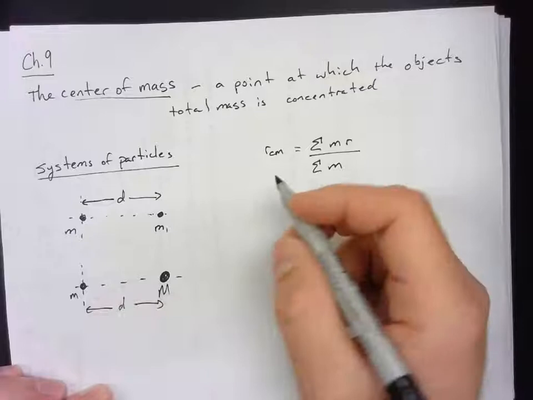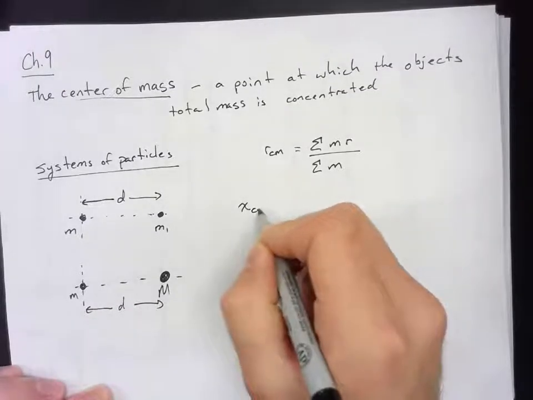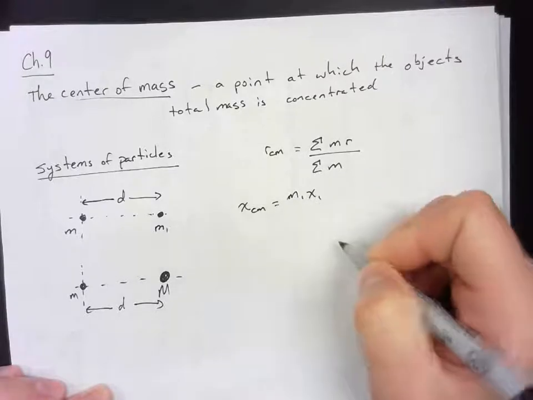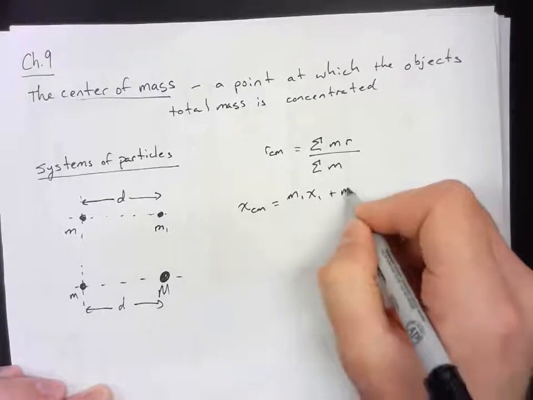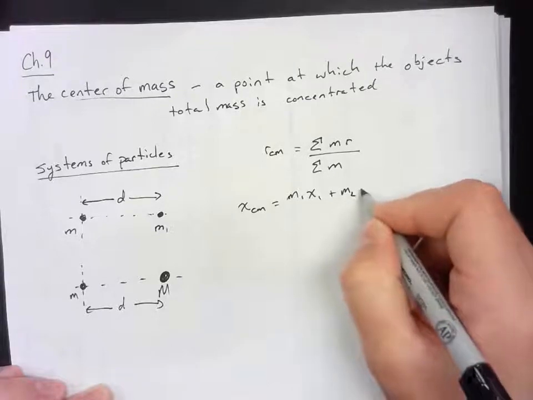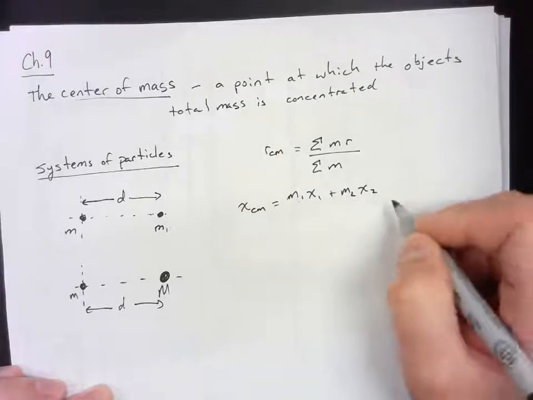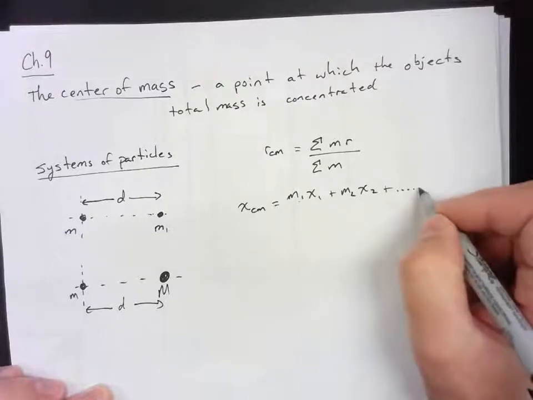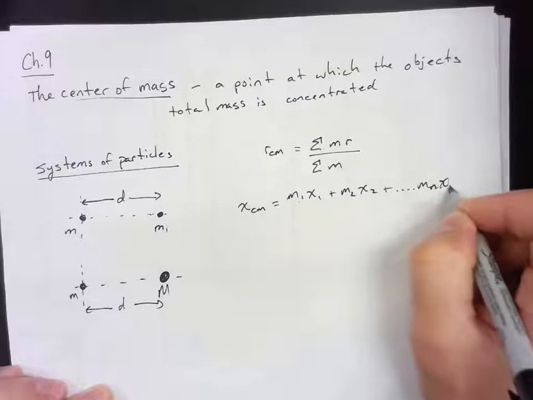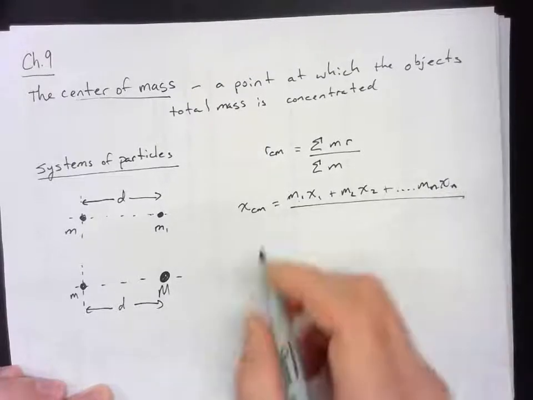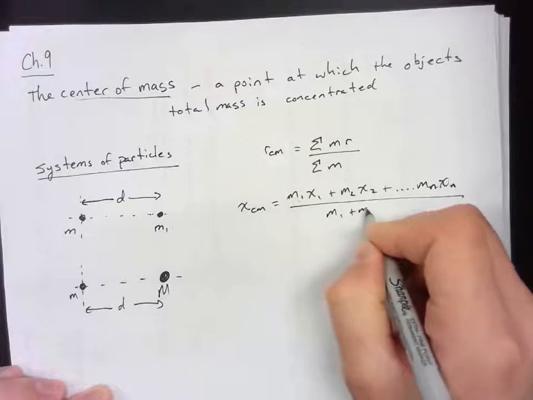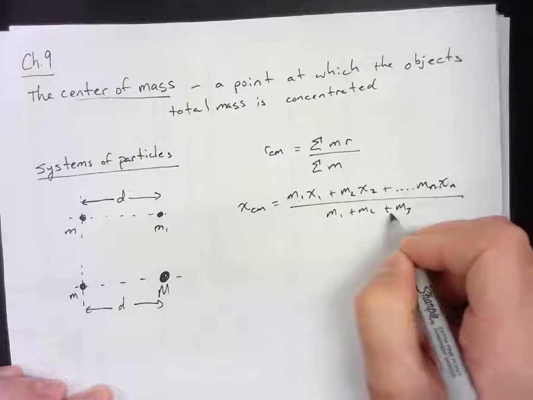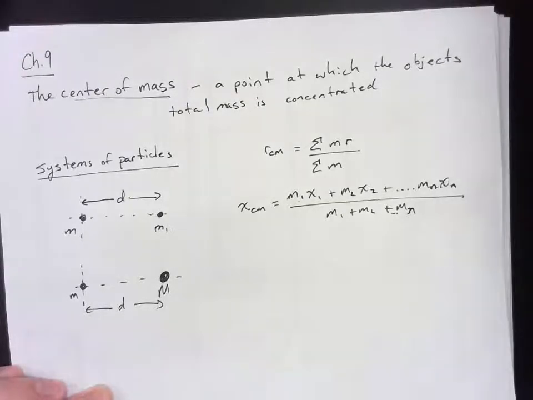Now, I'm going to use x's, so I would write it as XCM is equal to M1 times the location X1 plus M2 times the location X2, plus however many particles we have up until the nth particle. And here is going to be M1 plus M2 plus M3, dot dot dot up to Mn.